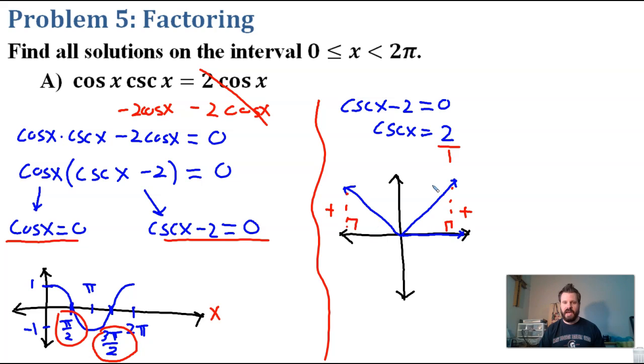So I've got hypotenuse 2 over opposite 1. 2, 1 looks like we've got a root 3, in other words, 30 degrees here. And same thing here, 1, 2, root 3. 30 is our reference angle, meaning that angle in standard position would be 180 minus 30, so 150 degrees.